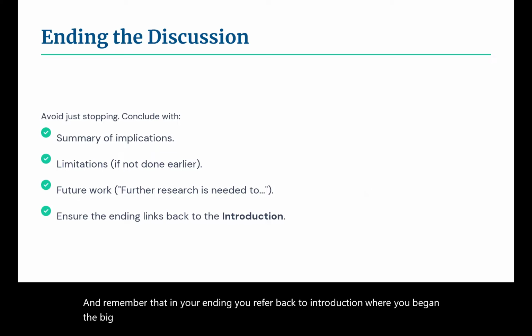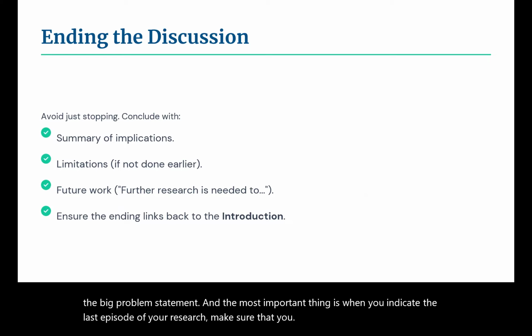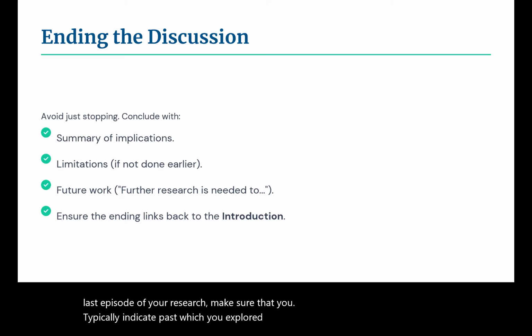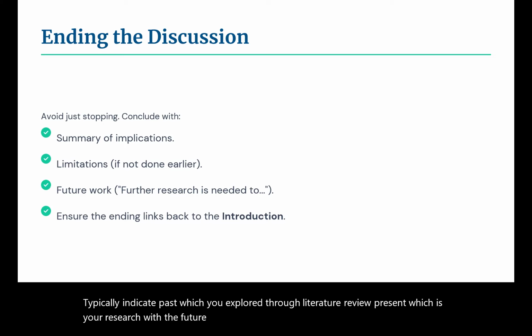And the most important thing is, when you indicate the last episode of your research, make sure that you typically indicate past, which you explored through literature review, present, which is your research, and future, that is implications and future research.